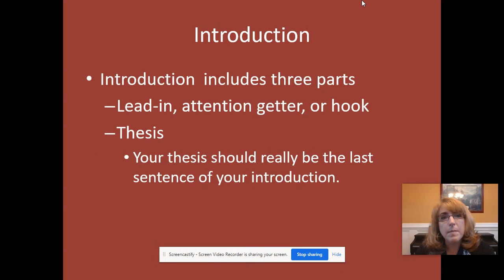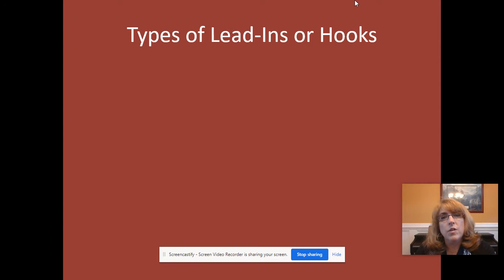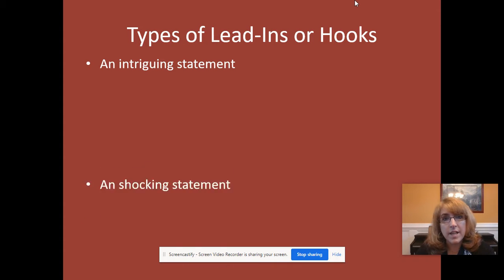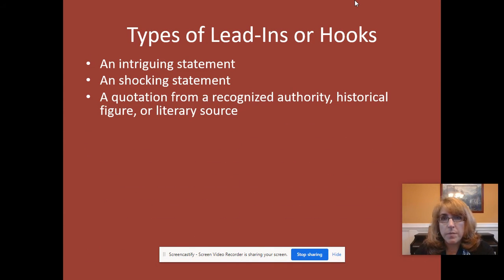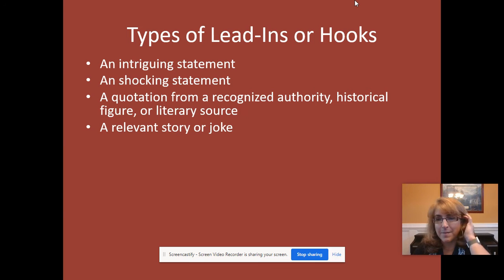Okay, so let's talk about the introduction. You want it to have a good lead-in or a good hook or attention getter, and then your thesis should be the last sentence. So types of lead-ins or hooks you can use. You can share something intriguing, something shocking, a quotation from an authority or a historical figure, some kind of relevant story or joke. Of course, for academic assignments, I would use jokes sparingly.